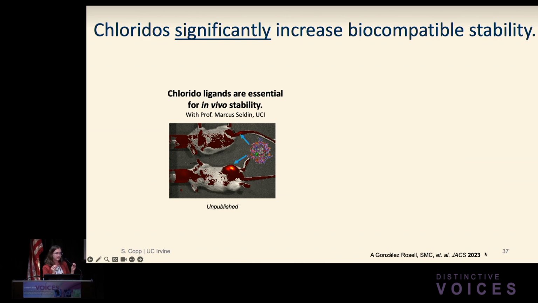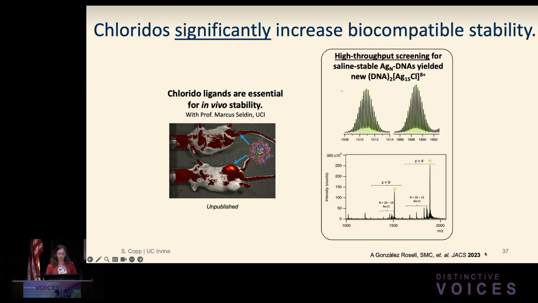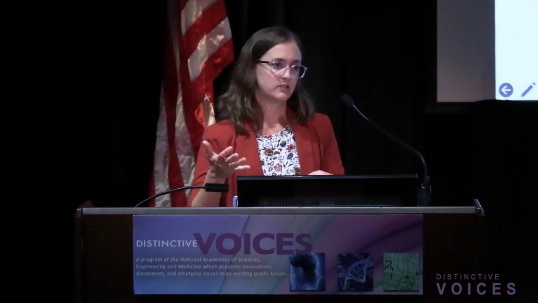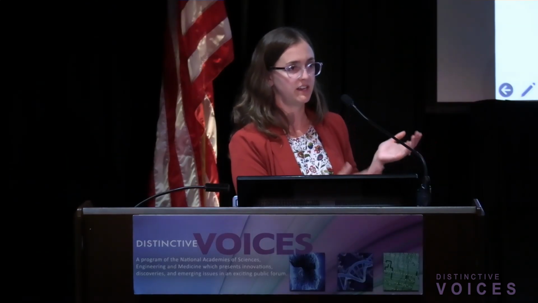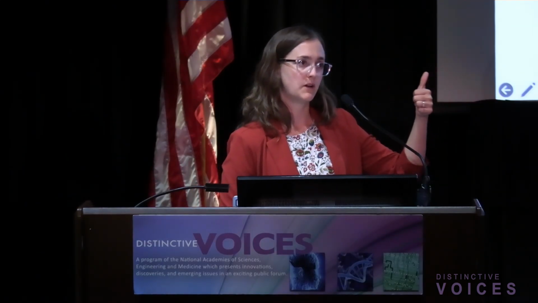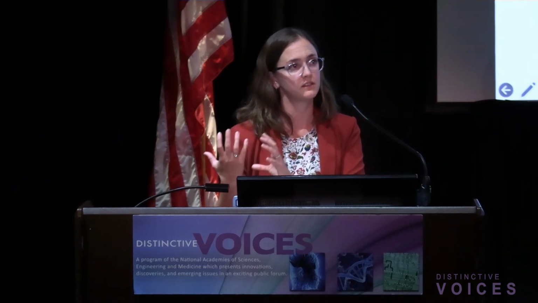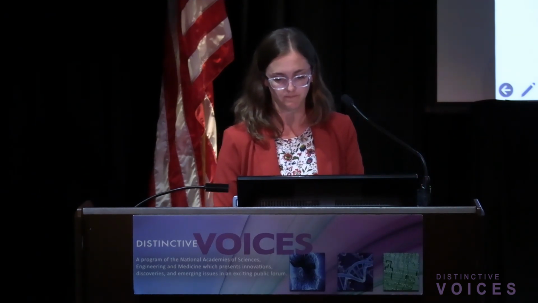So these chloride ligands were what enabled this cluster to be stable enough for these type of experiments, even over several hours. And moreover, we started screening in high throughput for this kind of stability, and we've found since more of these chloride-stabilized clusters. So this now provides us a roadmap for not only how to engineer the DNA sequence that wraps up the nanocluster, but also how to engineer the surface chemistry for stability in biological applications.